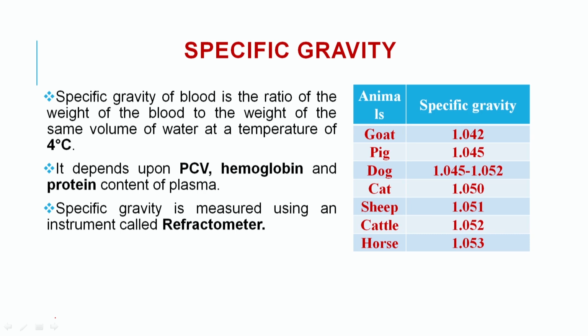In domestic animals, for goat the specific gravity is 1.042, pig 1.045, dog 1.045 to 1.052, cat 1.050, sheep 1.051, cattle 1.052 and horse 1.053.